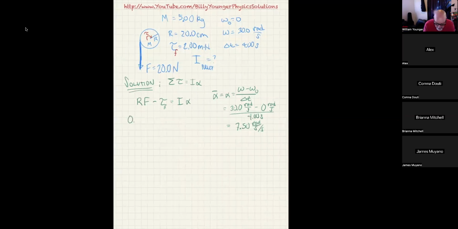So I'm going to say 0.200 meters times 20.0 newtons minus the torque that I said was 2.00 meter newtons is equal to I times 7.50 radians per second per second. Obviously, this is a bit of a problem. Let's do this.